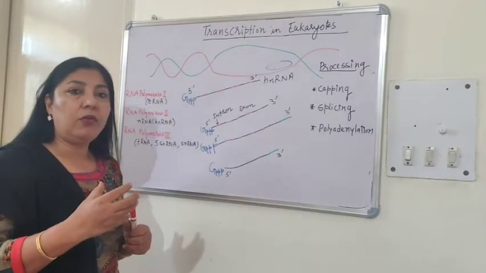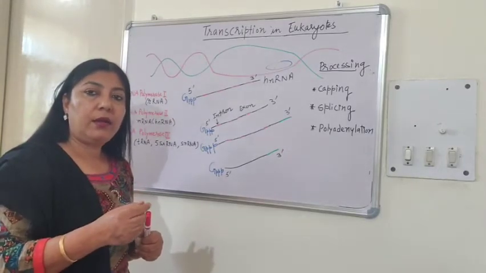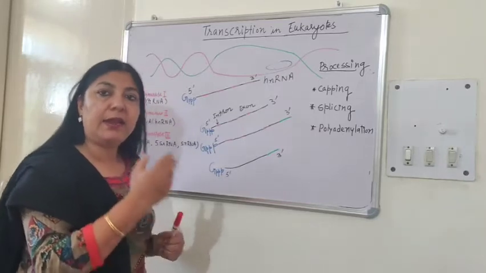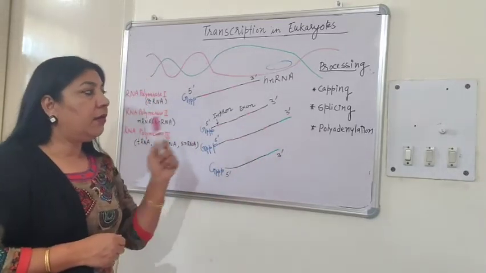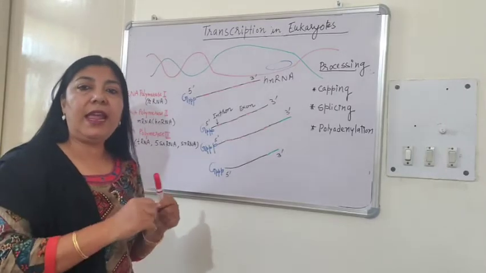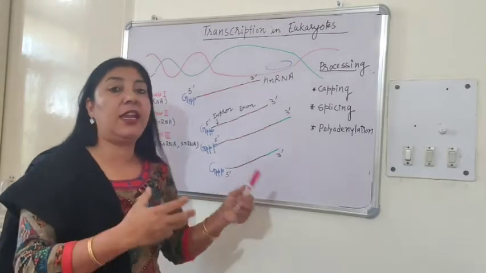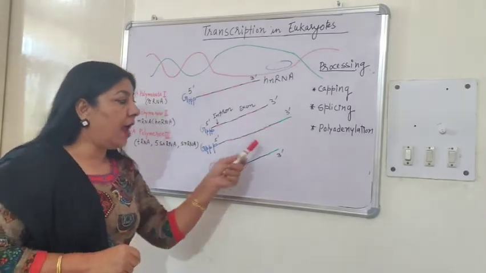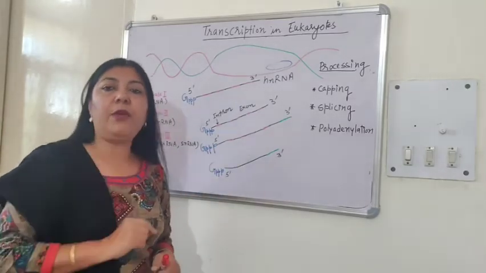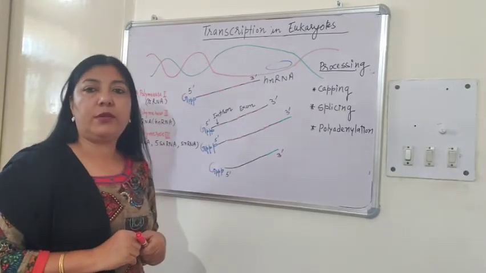And the third part is polyadenylation. That is, around 200 adenyl units are added at the 3' end. A tail is added. It is also called tailing. Many adenine units are added to the 3' end of this transcript.